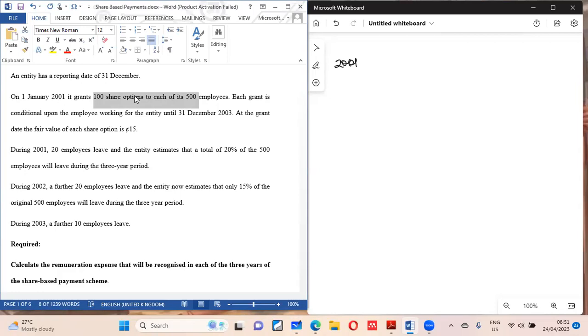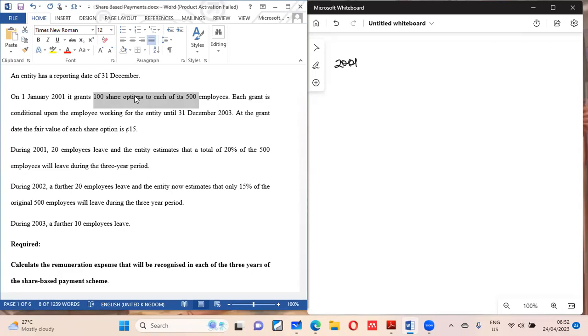So before we get to the vesting date, it is estimation. But when we get to the vesting date, it is no more estimation because we will have an idea how many people have left and how many people are remaining. It is the remaining ones who are actually there at the vesting date.